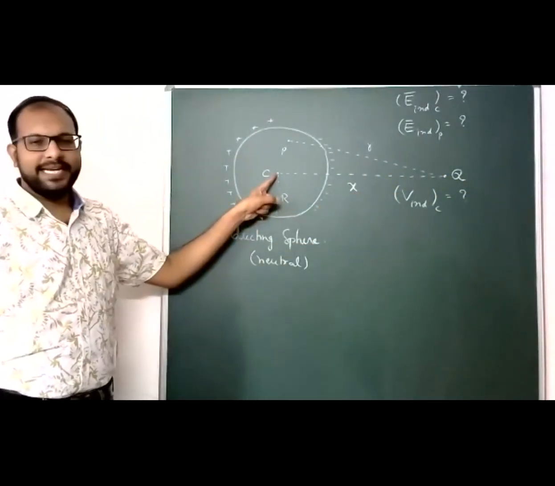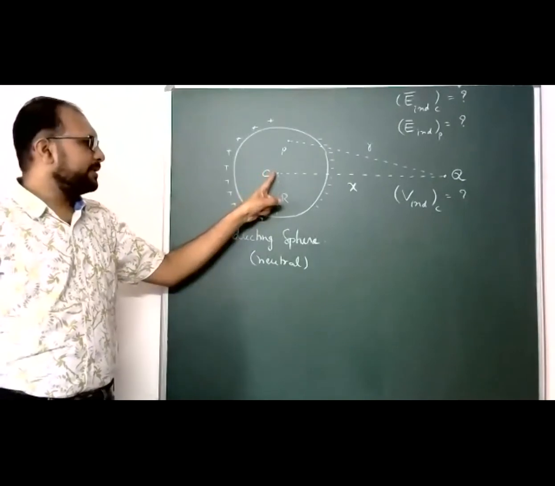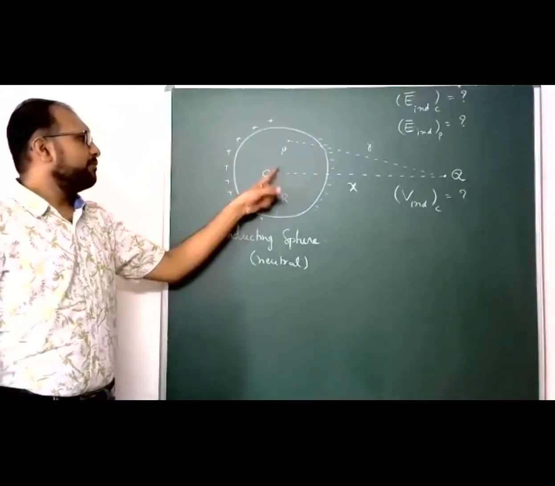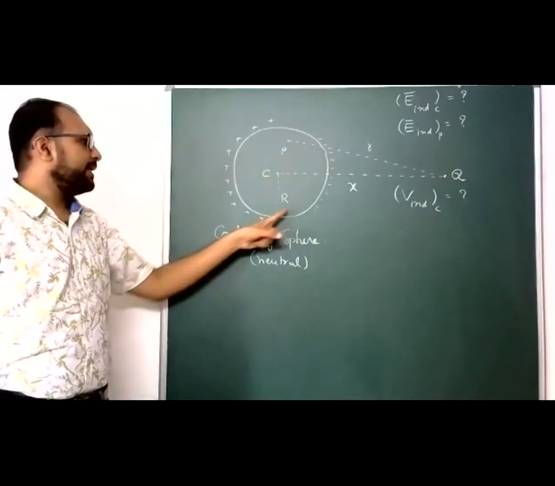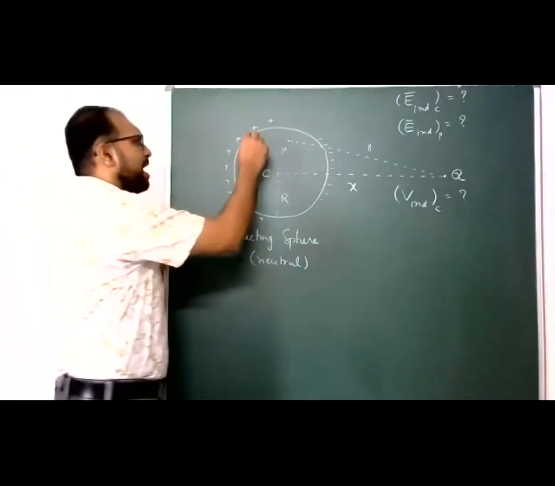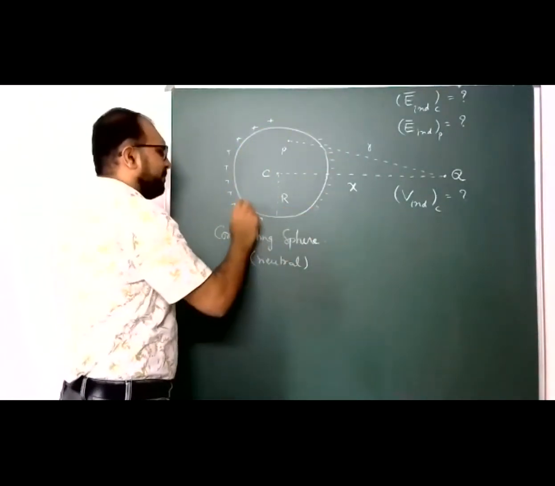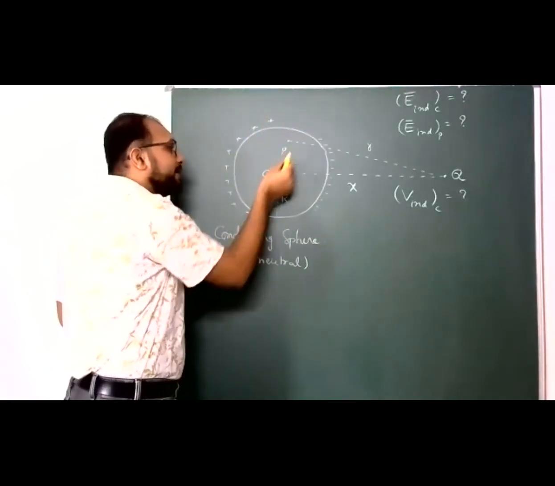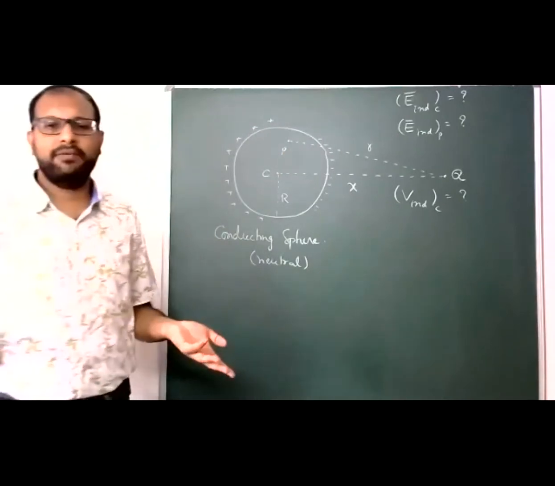Point C is the center. So point C is at equal distance from every point present on the surface. If you take any point on the surface, from that point to center C is at equal distance.